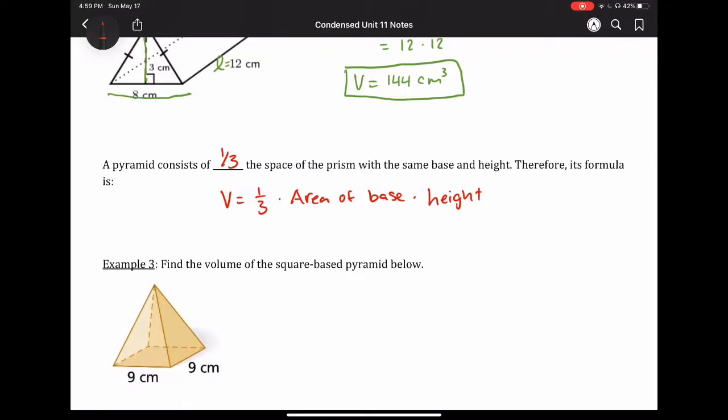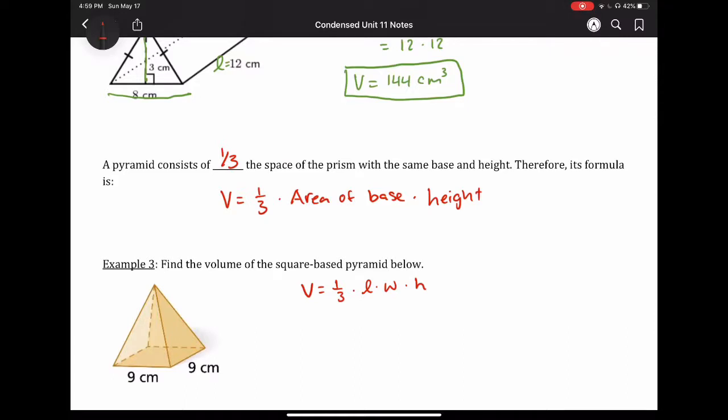So in example 3, I have a square-based pyramid. So I'm working with, for my volume, still 1/3 times area of the base. It's a square, so I'm working with length times width times height of the whole figure. When I look at my figure here, I notice that I have the square bases, 9 and 9, those are labeled.